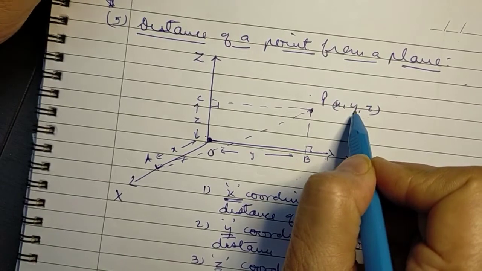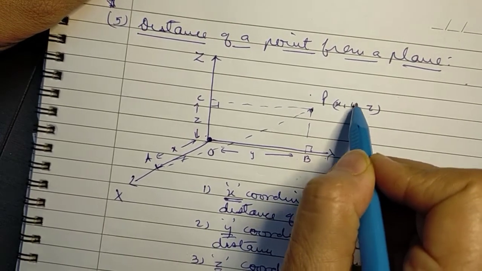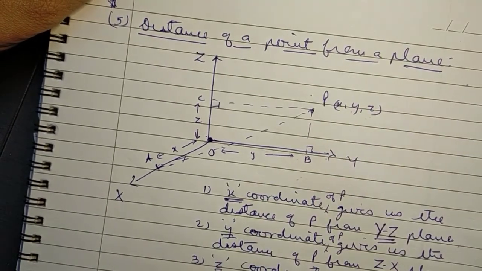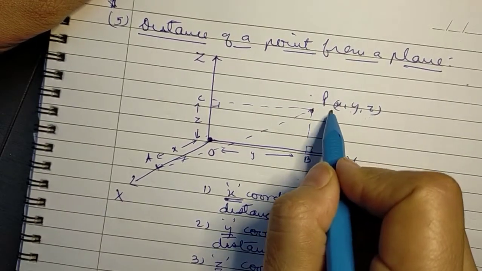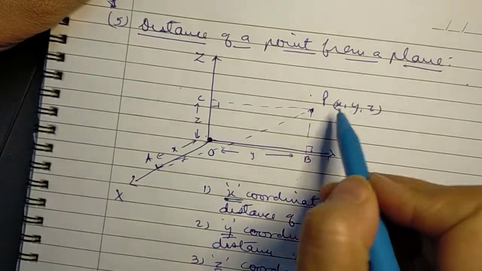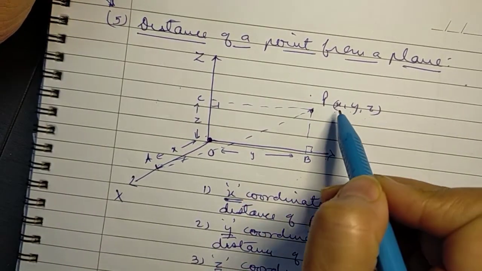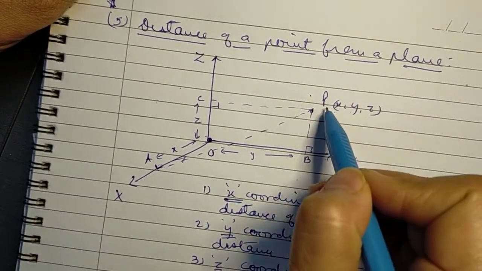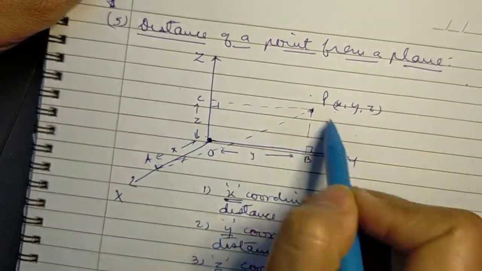The Y coordinate gives us the perpendicular distance of P from the ZX plane, and the X coordinate gives us the perpendicular distance of P from the YZ plane.